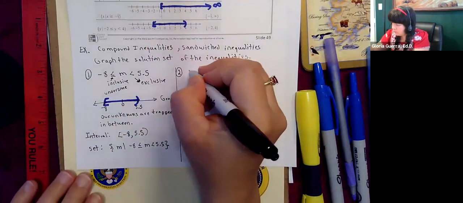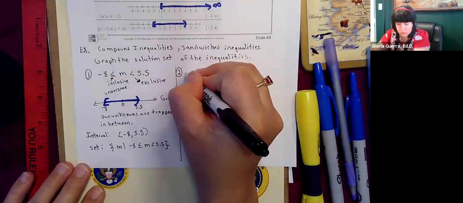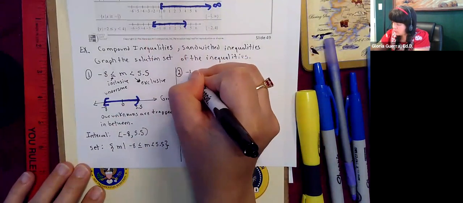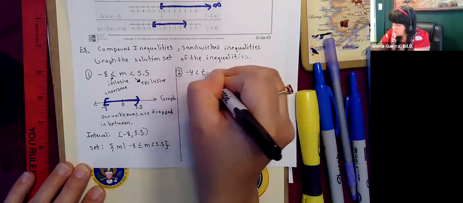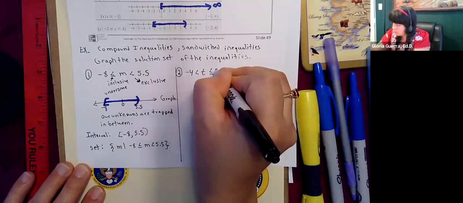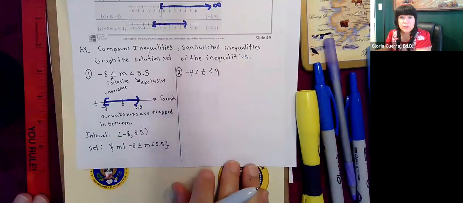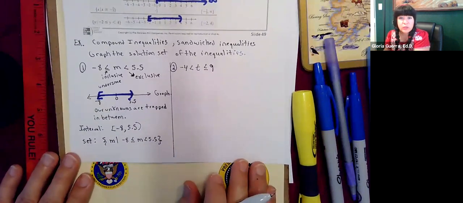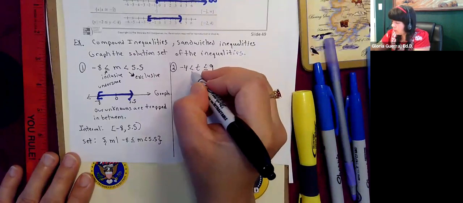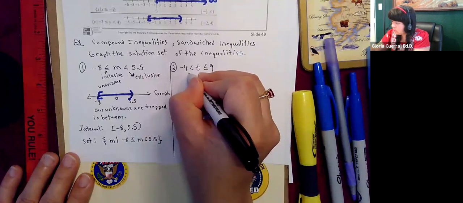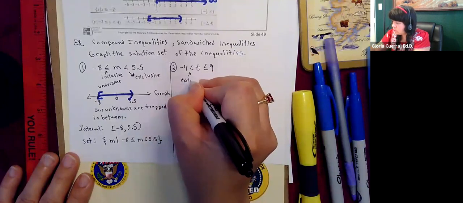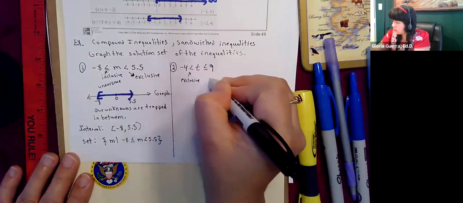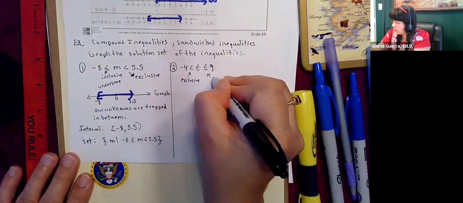Okay, then we have another one using T. T is trapped between -4 exclusive, and T is trapped between 9 inclusive.